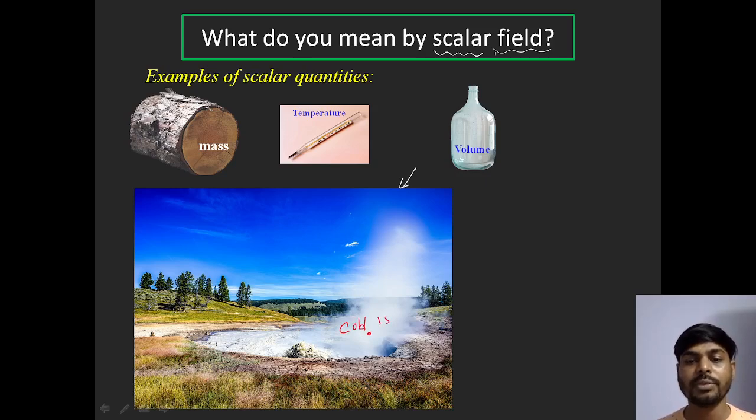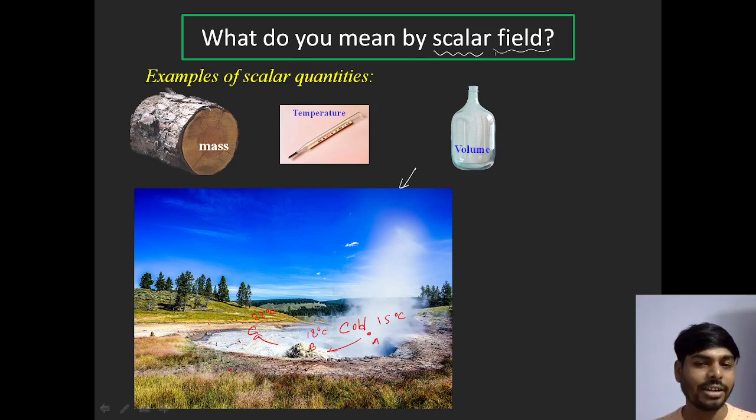Let's say this is 5 degrees centigrade, and if you move from position A to position B, maybe the temperature is a little bit higher. Let's say this is 18 degrees centigrade, and if you move to position C, maybe it is 22 degrees centigrade, and so on. So if you move throughout this space, at each and every point you will get certain values of temperature, right?